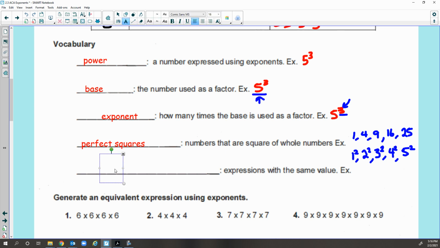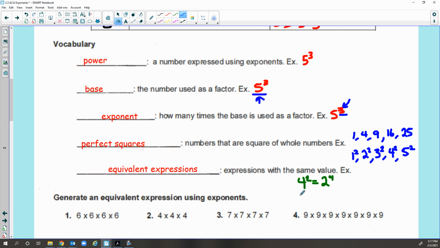Our last vocabulary word I want to talk to you about is equivalent expressions. Equivalent expressions are exactly what you think, expressions with the same value. The example I want to show you here is this. 4 squared is equivalent to 2 to the 4th. Why is that?